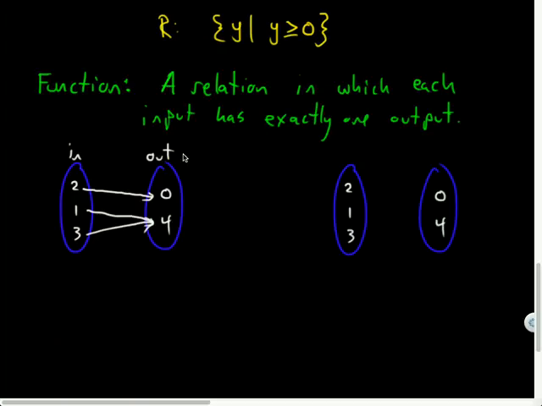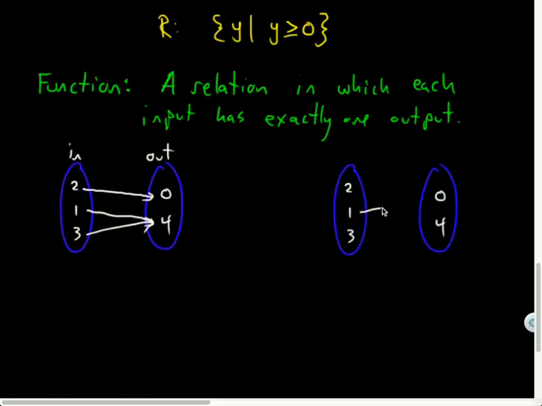Like if I said, with this function in mind, I give you 2, what do you give me back? 0. I give you 3, what do you give me back? 4. If I give you 1, what do you give me back? So even though 1 and 3 both happen to give 4, that's okay. It's still a function. Even in terms of parabolas, we've seen the same y value show up twice on a parabola, and that's okay. It can have the same output multiple times.